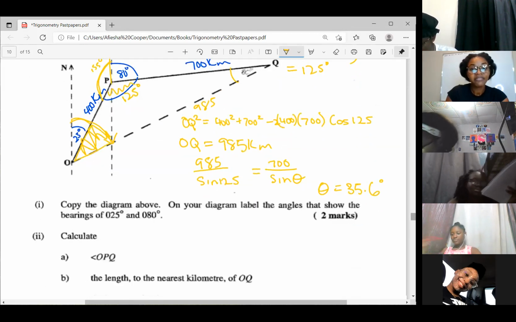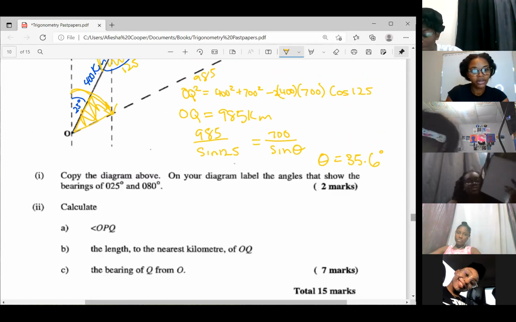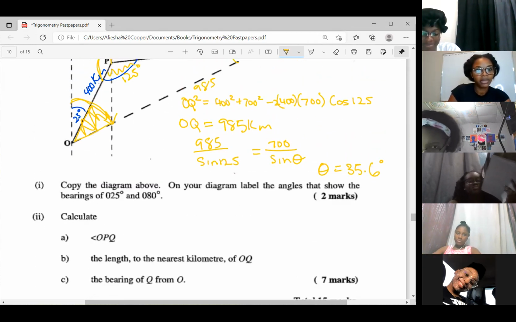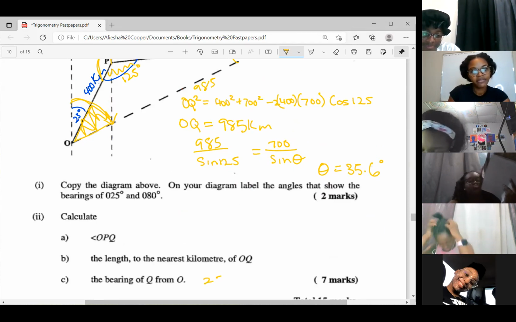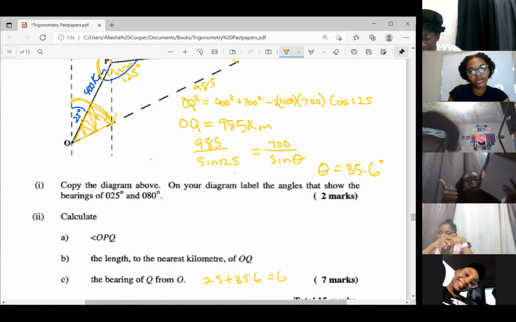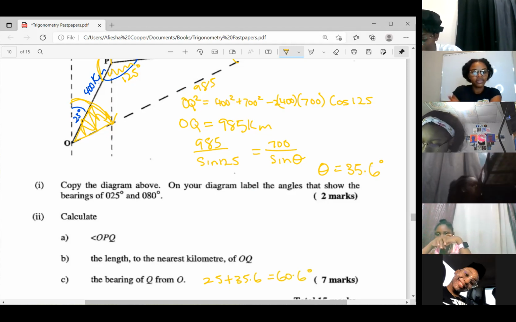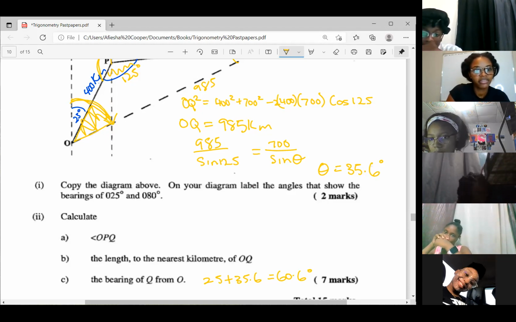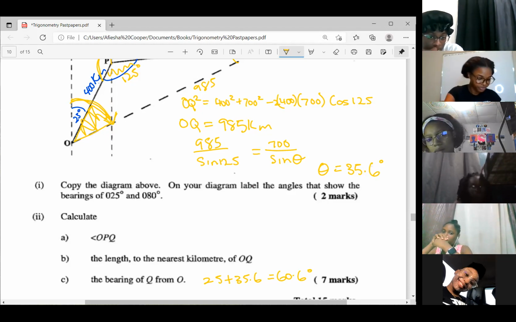Oh no, you're giving me the full answer. Now we had to add up the bearing. So the bearing is 25 plus 35.6, yeah? Which is now 60.6 degrees. Because this is the full bearing here. You just have to find the missing part.